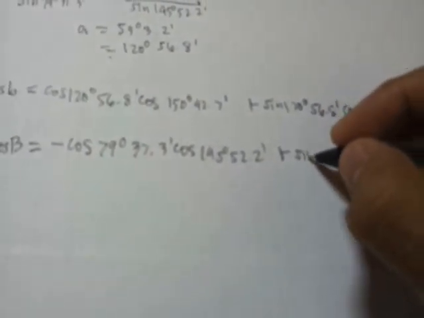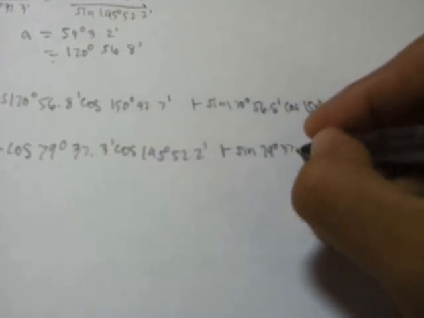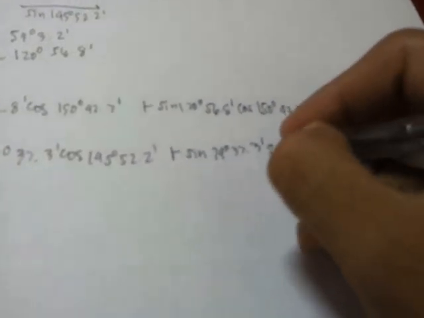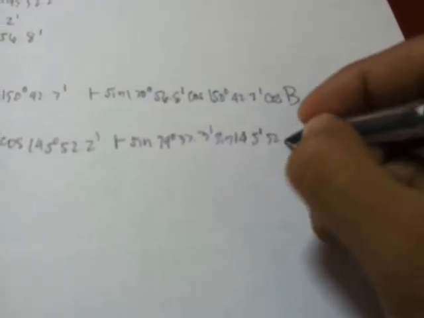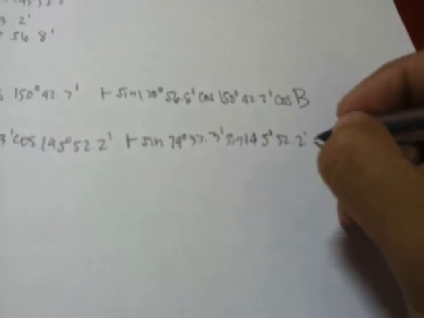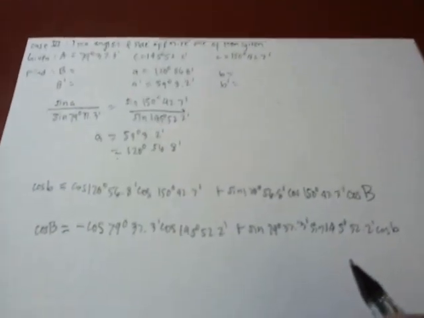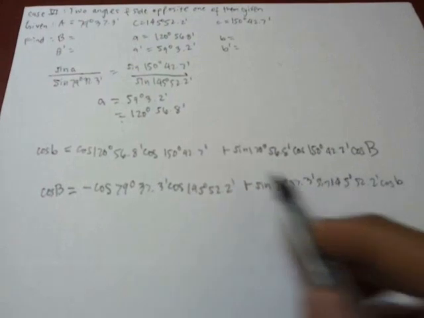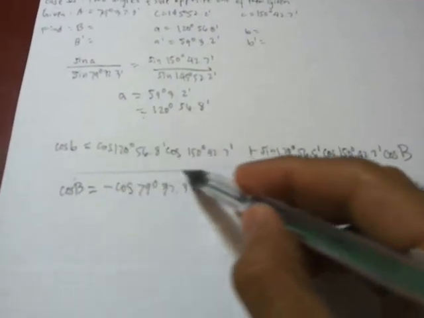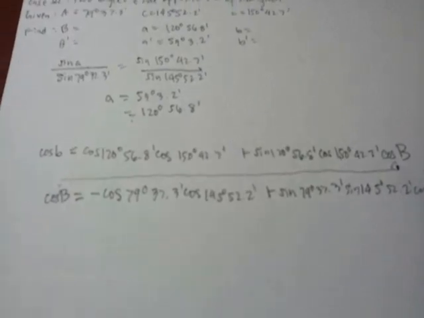Okay, let's continue in this 79 degrees 37.3 minutes sine 145 degrees 52.2 minutes times the cosine of small b. And then you'll notice that there are two unknowns, but you can substitute this one here. Yes, of course.